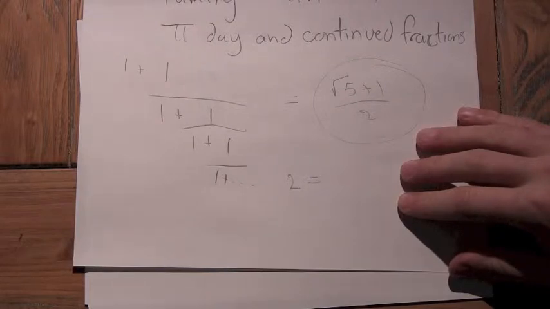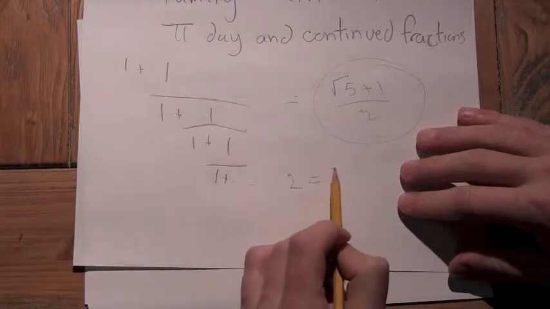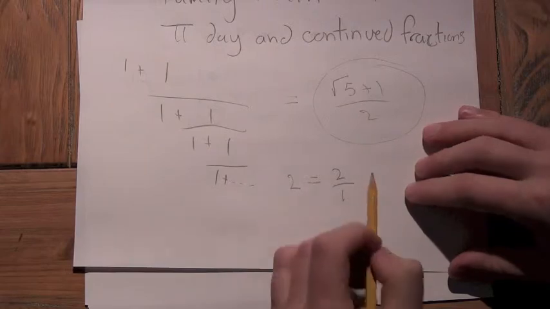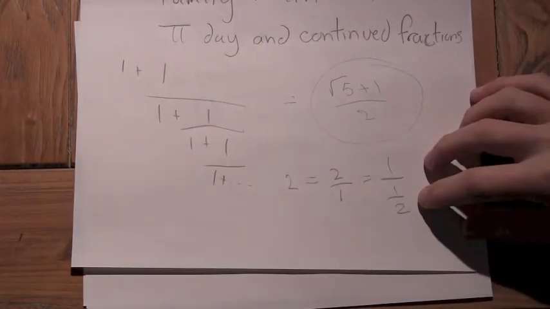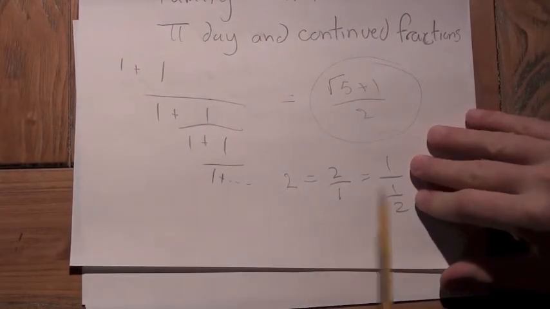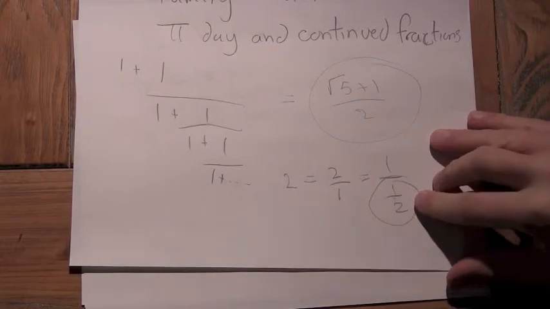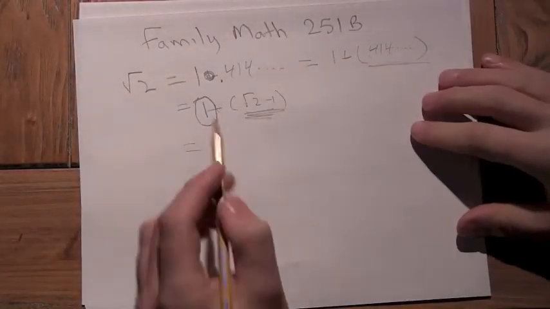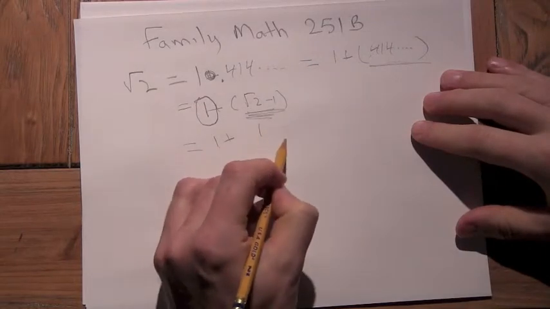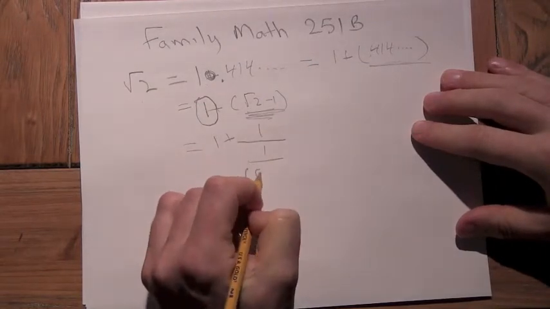It's 2 over 1. That's a fraction that equals 2. Or 1 over 1/2. High five. That's the flip. We're going to flip down to the bottom and put the reciprocal of our number on the bottom. So this is 1 plus 1 over the square root of 2 minus 1.